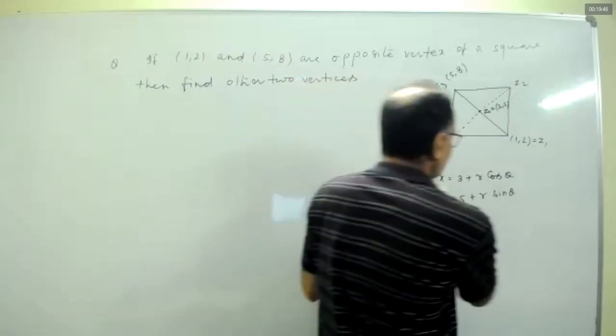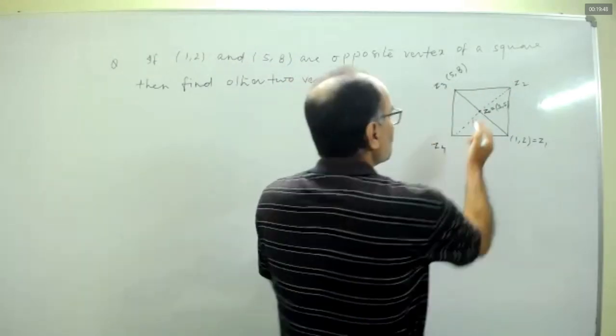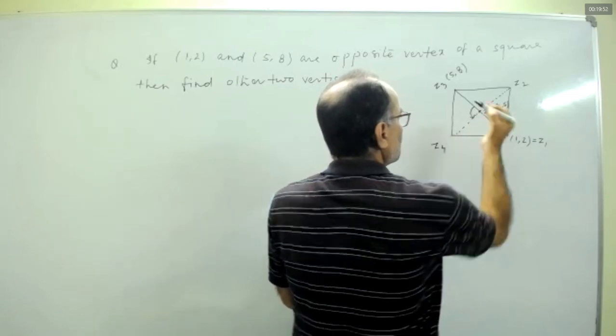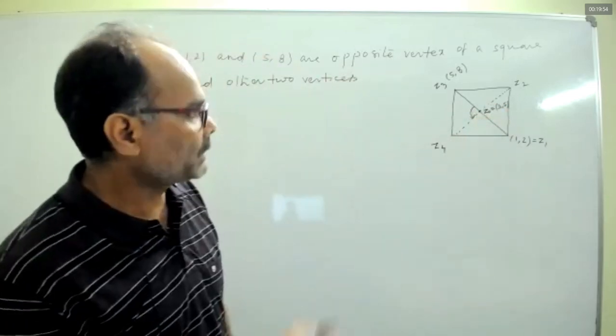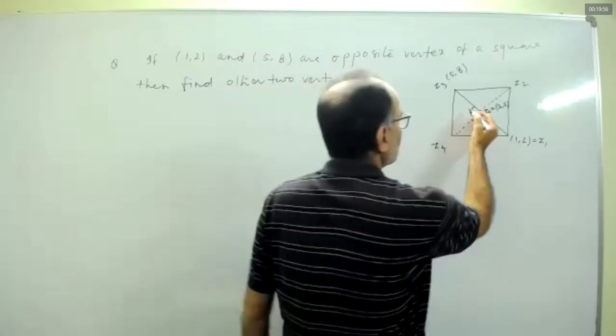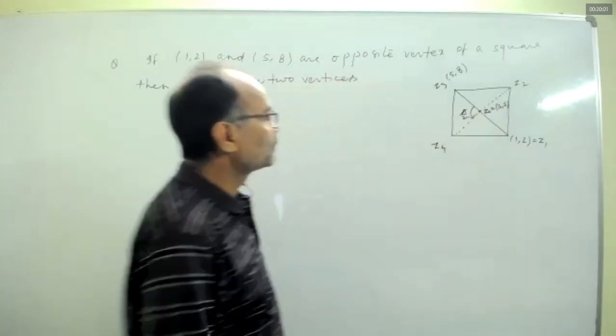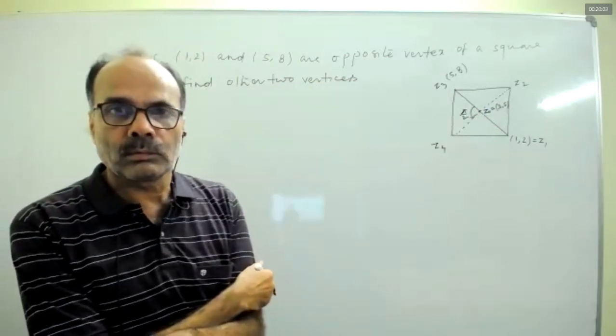Now by complex numbers, look at this. By parametric form I will do it and then we will verify. What will be this angle? It is a square, so pi by 2.